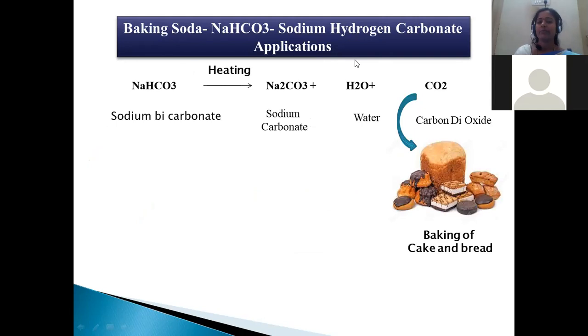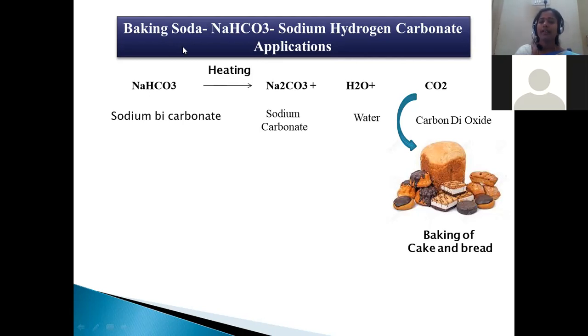Now let us see the basic applications of baking soda. Baking soda is applied in an industrial pathway. It is an essential starting material for the synthesis of sodium carbonate, which has various kinds of applications. In order to synthesize sodium carbonate, sodium bicarbonate is required as a starting material.